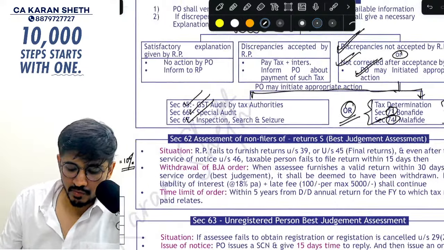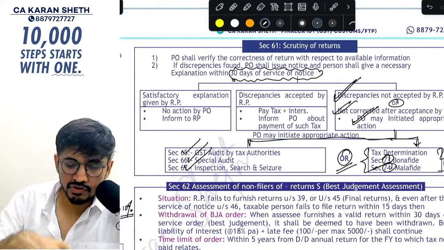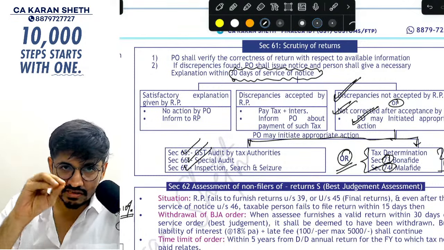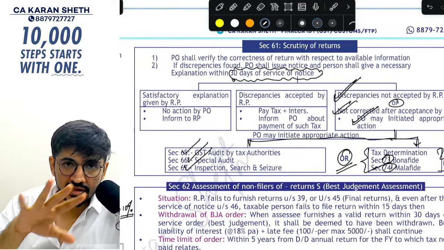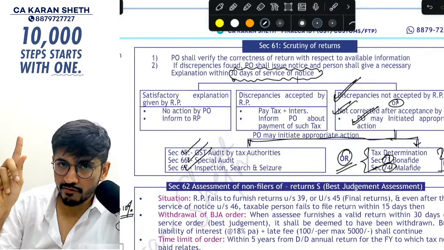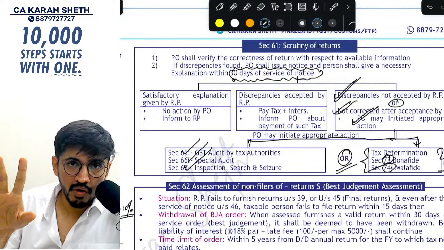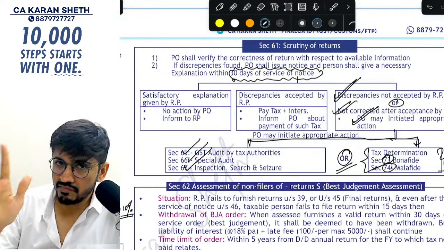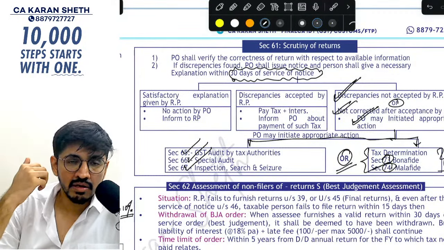Make sure that you are well aware of this. Scrutiny of returns means you filed the return, now they've scrutinized, there is a discrepancy, they will send you a notice of scrutiny. Within 30 days you have to reply. Now either you give a satisfactory reply, fair enough, they will inform you about the same.